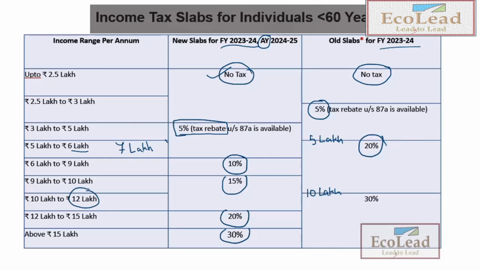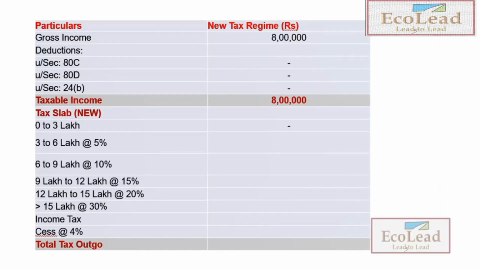In the given example, let us solve the problem for both the new tax regime and the old tax regime. First we will solve the problem for the new tax regime. Under the new tax regime, we know that all the deductions that are available under the old tax regime are not applicable.